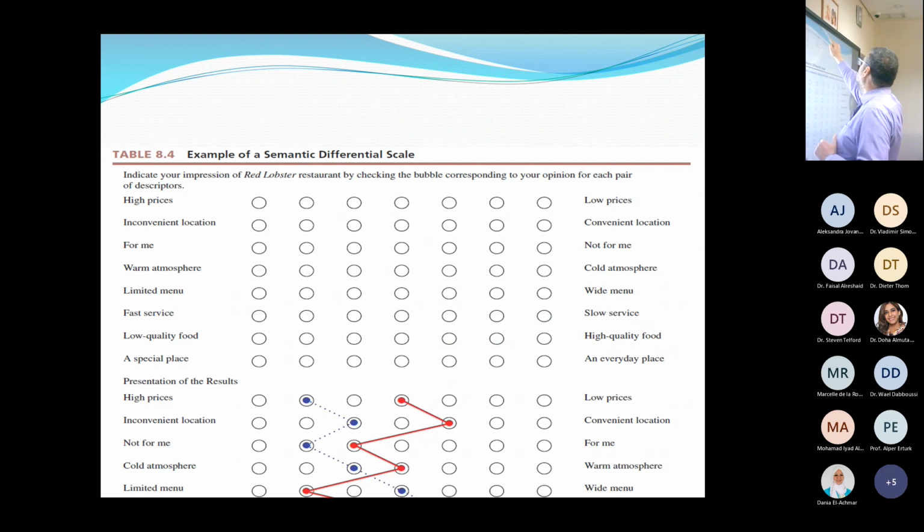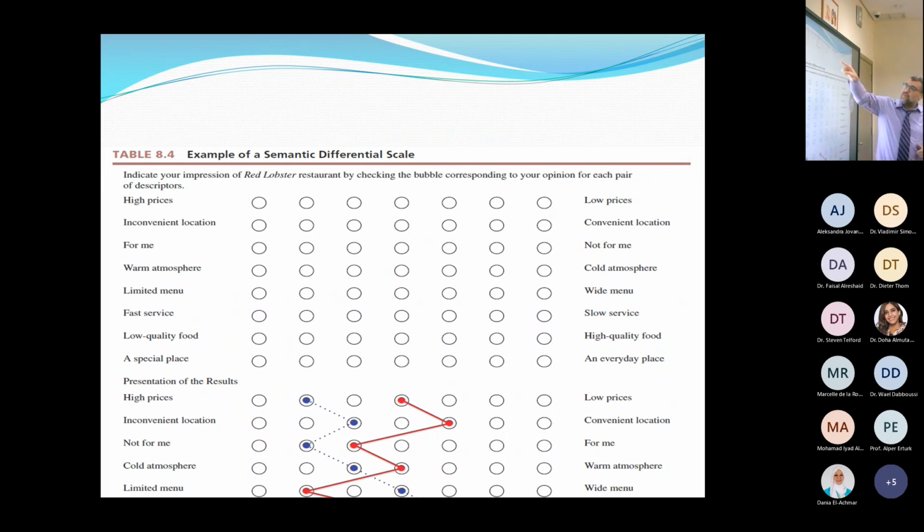If I have only 4 points, so it's an even number, can I have a neutral point? 1, 2, 3, 4. Do I have a neutral evaluation? For example, I say here cheap, and here expensive. If I believe it's neither cheap nor expensive, can I evaluate?